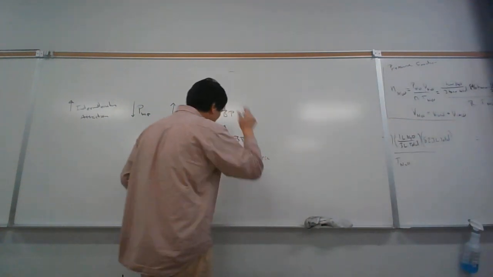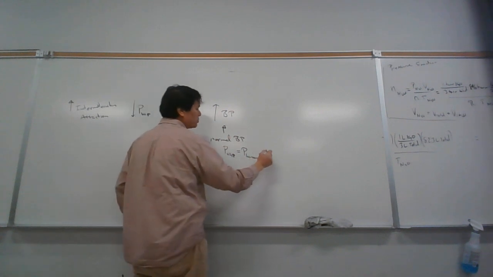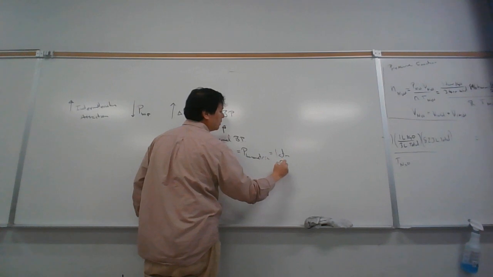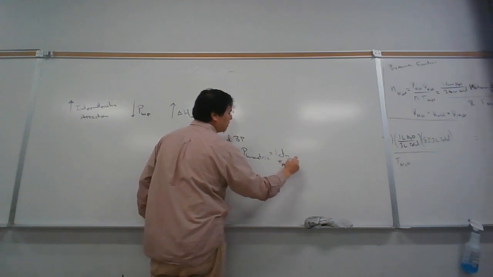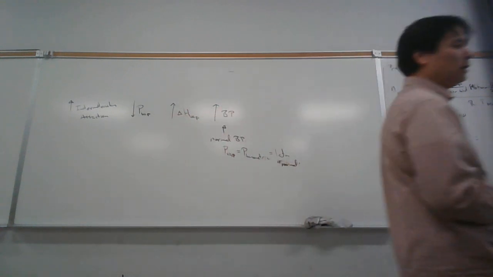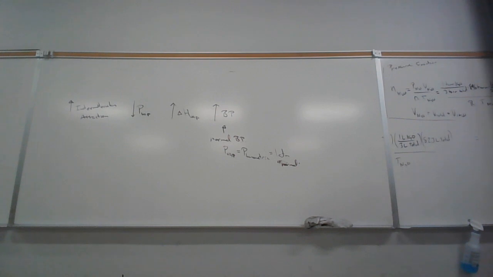Boiling occurs when we get spontaneous vaporization here. The normal boiling point is when the barometric pressure is 1 atmosphere. This is what we call normal. However, 1 atmosphere is normal atmospheric pressure at sea level.